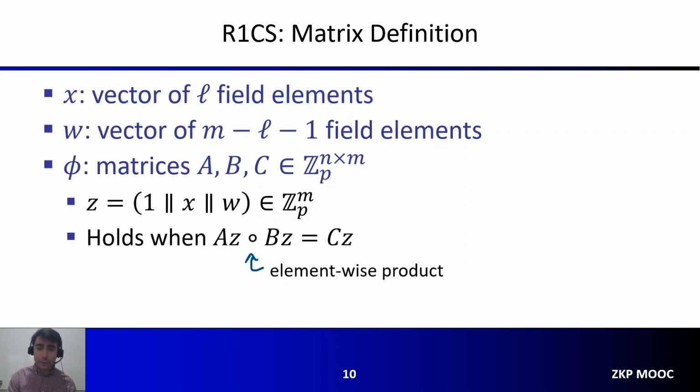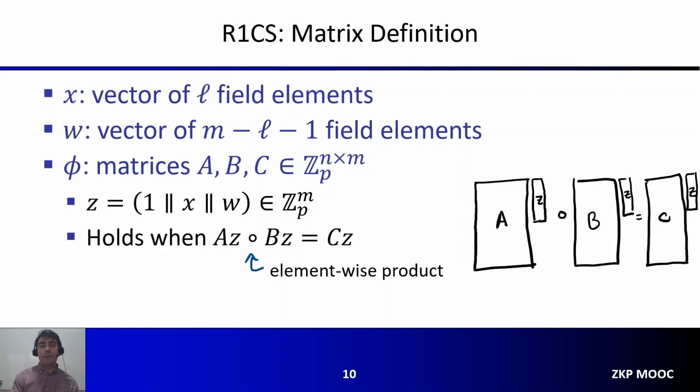If you draw this definition pictorially, you get something like this. I've got my matrix products Az times Bz is equal to Cz. And the interesting thing about drawing it pictorially is that the correspondence between this definition and the rank 1 constraints becomes very clear.